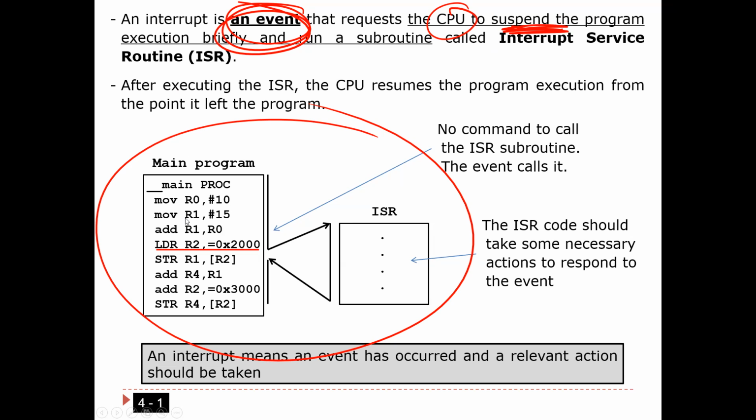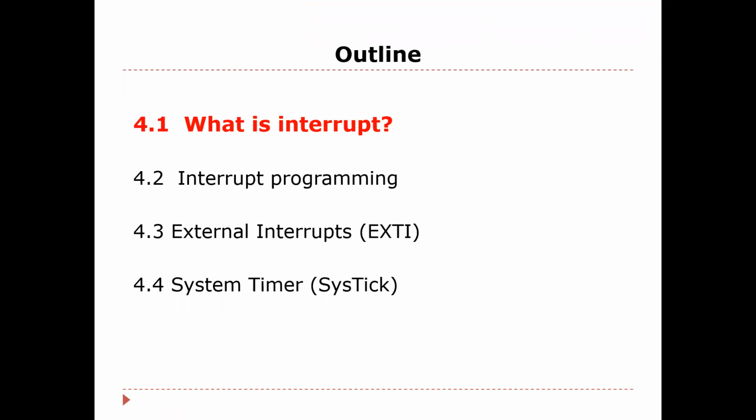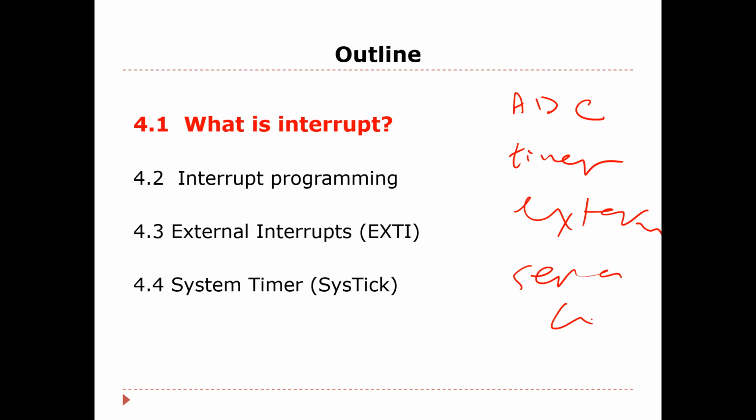And as you are going to understand better later, we have different sources of interrupts. For example, I may get interrupted from the analog to digital converter. I may get interrupted from a timer. I may get interrupted from external requests, or maybe from a serial communication unit.